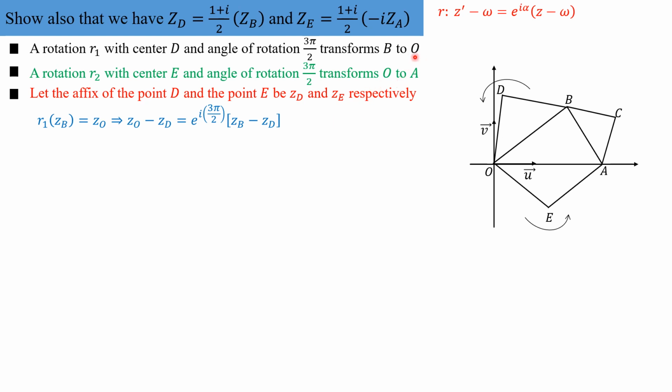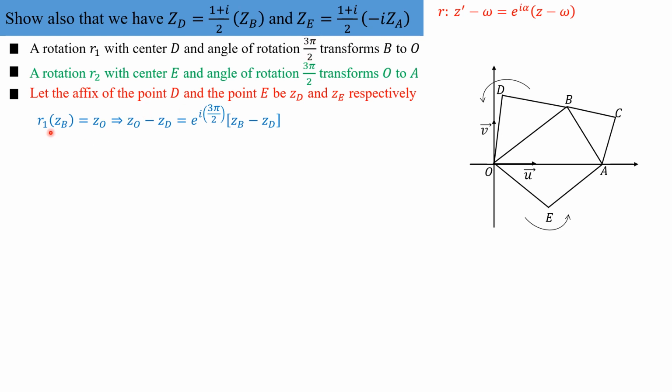Taking the point B to the point O, the center of the rotation is D and the angle of rotation is 3 pi ln 2. So we simply replace our image, which is Z prime, with the output, and the output is O. The input is Z, which in this case is ZB, and the center is D. The angle of rotation is 3 pi ln 2.